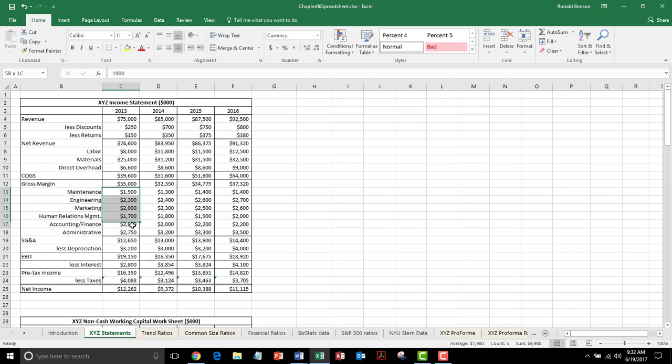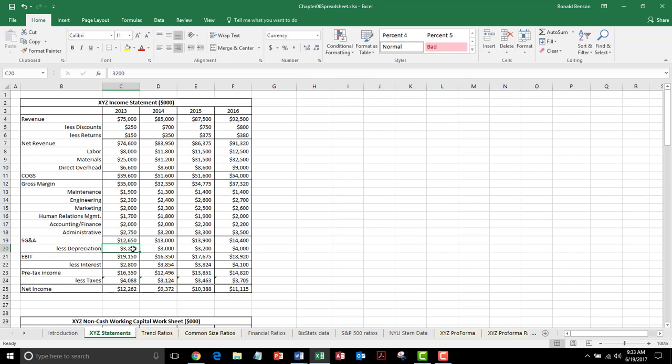We sum up the various categories of SG&A, sales, general, and administrative, and they sum to 12,650,000. Subtract out depreciation, get earnings before interest and taxes, then take out interest. Note that interest is just entered directly here. In some cases you probably could compute it, but usually it's entered directly. Same with depreciation here.